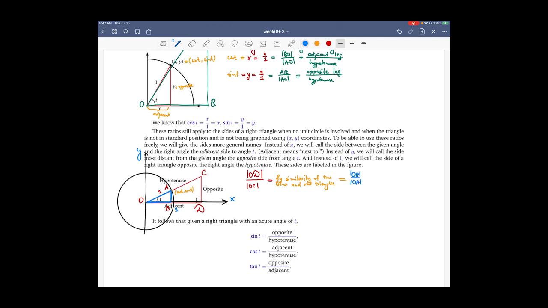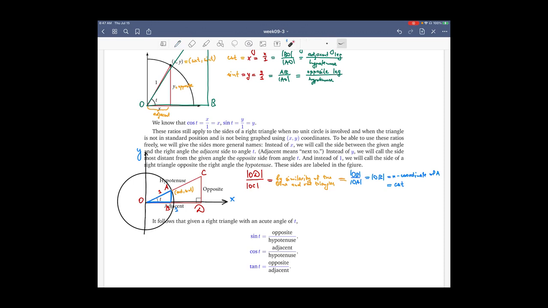But OA is 1 because it's a unit circle, and OA is a radius. And OB is, of course, the x-coordinate of point A, which simply is cosine t.